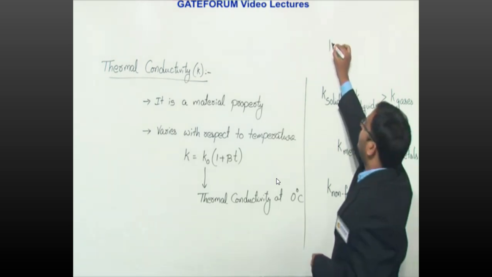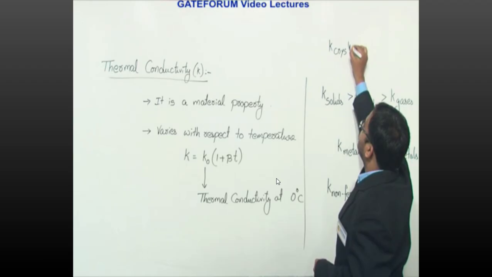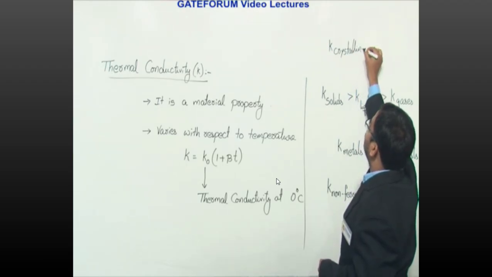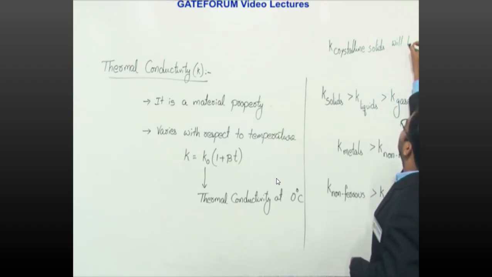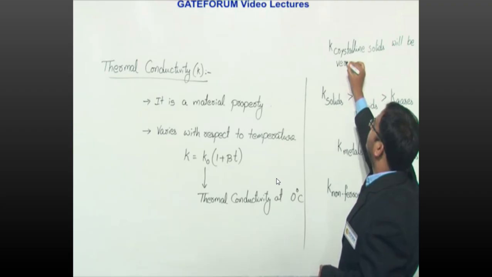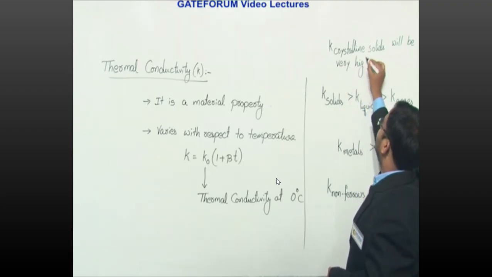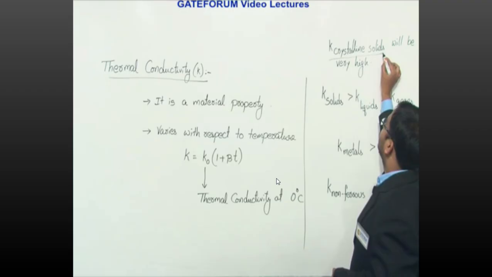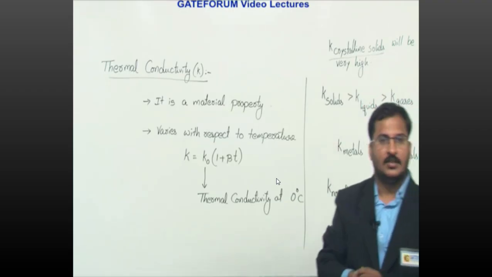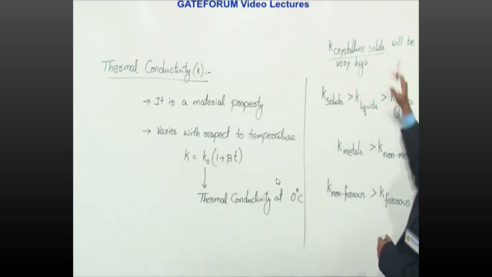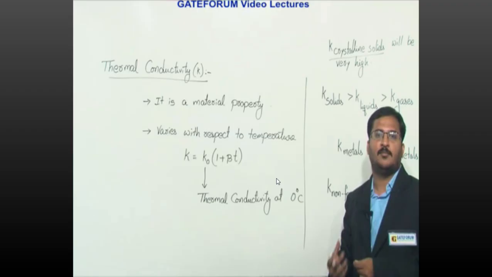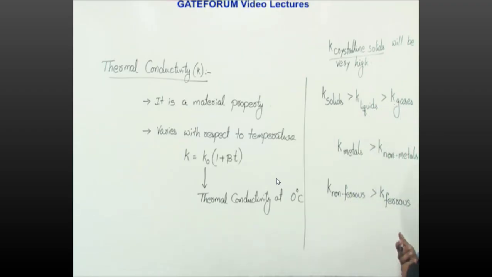The thermal conductivity of crystalline solids will be very high. Crystalline solids are diamond and graphite, which possess excellent thermal conductivity.